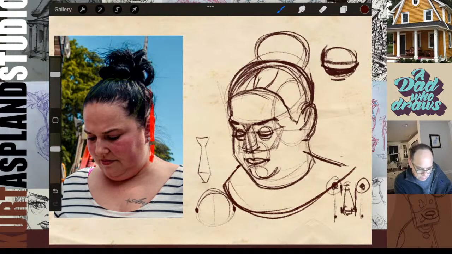I'm just going to not do all of the lines, but just some of them to get a sense. Now this, right about here, this is coming way up like this. And then everything's converging right into this bun here.